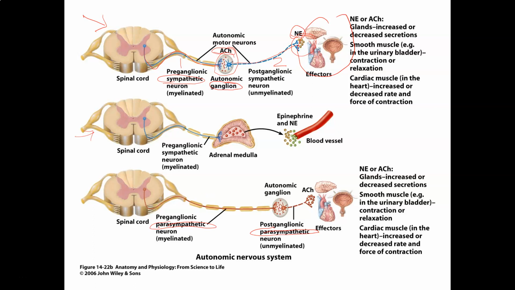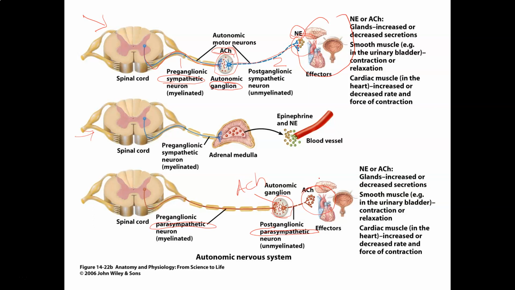Now let's look down here at the parasympathetic division. What's the neurotransmitter at this first synapse here? It's acetylcholine. And then at the second synapse, it's also acetylcholine.